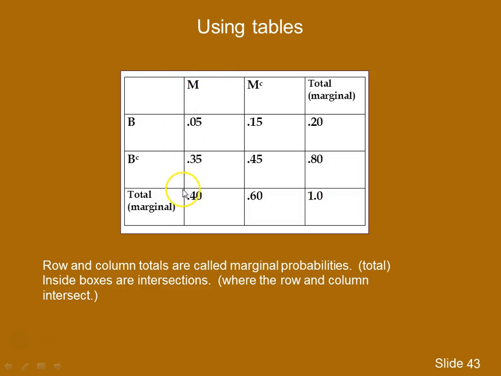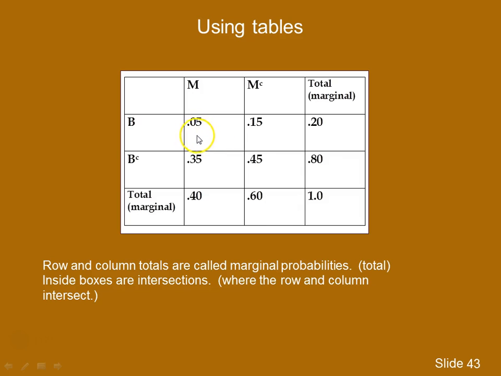We'll put that 0.4 down here. And the other 60% are females, which we'll put down here. The four other boxes, the four inside boxes here, are intersections. That is the intersection of this row and this column. So for example, this 0.05 here is the intersection of male and blonde. We calculated that 0.05 in the first part of the problem.